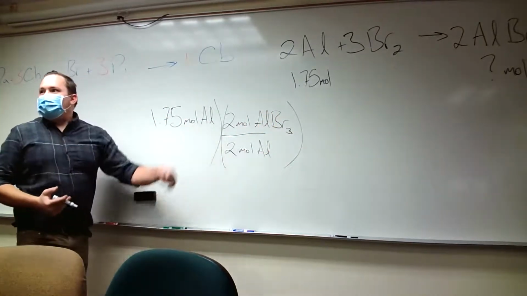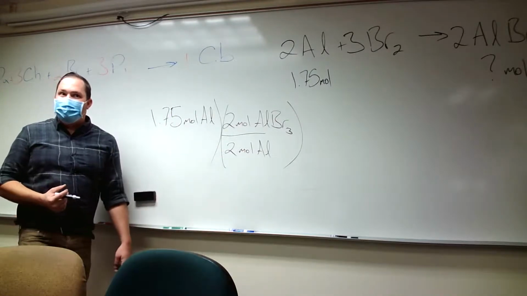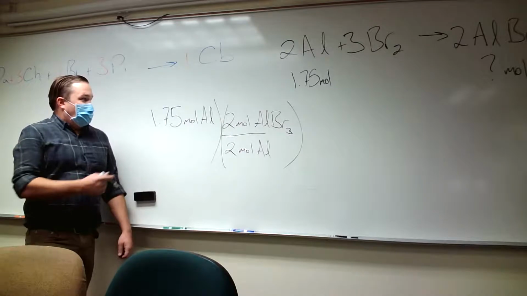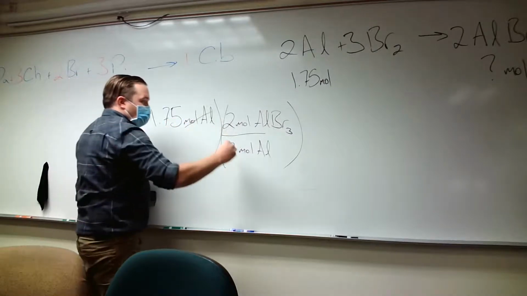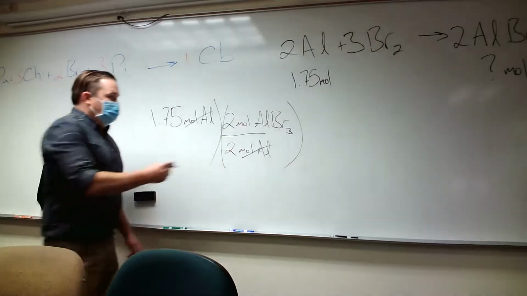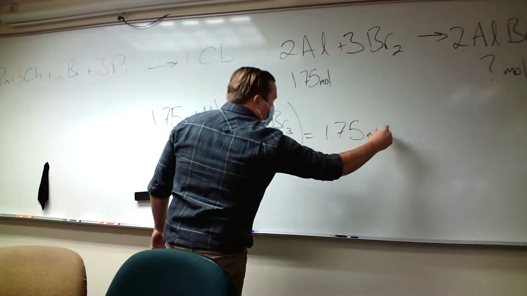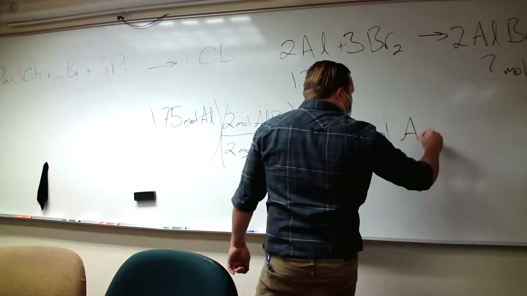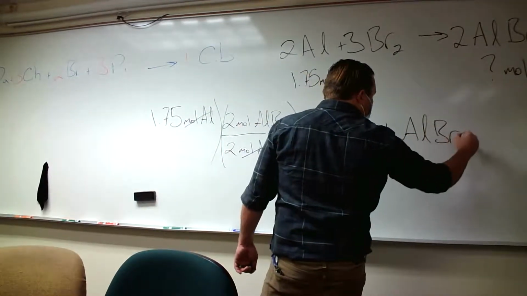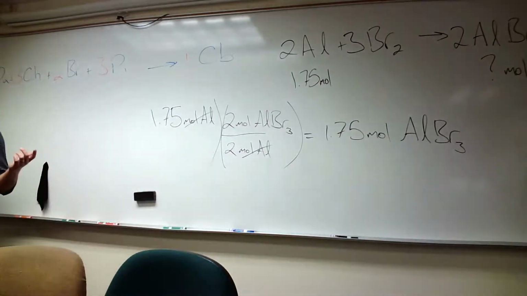So times 2 divided by 2, mathematically we could reduce that to make it 1/1. But really what's most important is that we're showing moles cancels out moles. Nothing tricky about it, right?